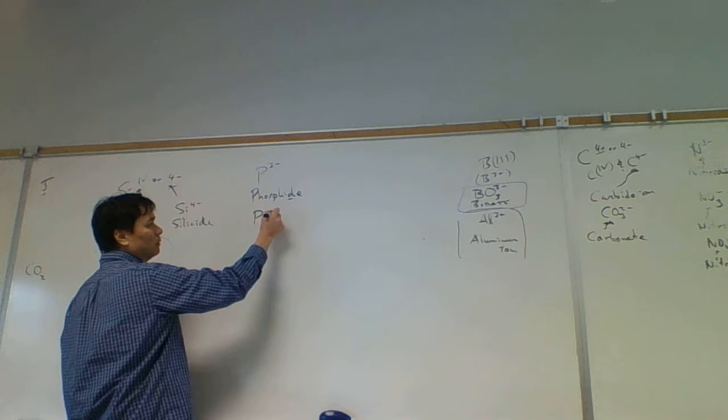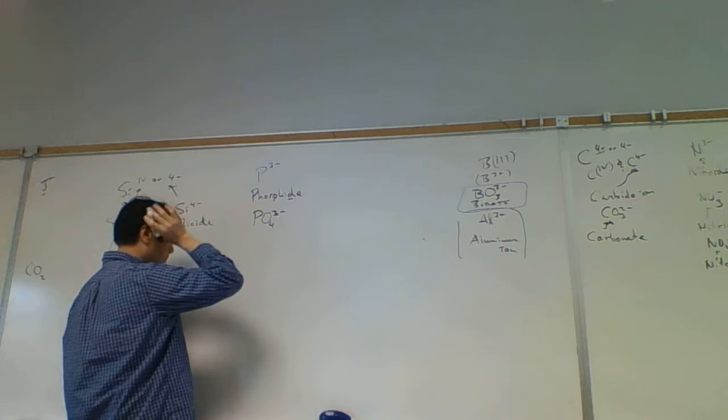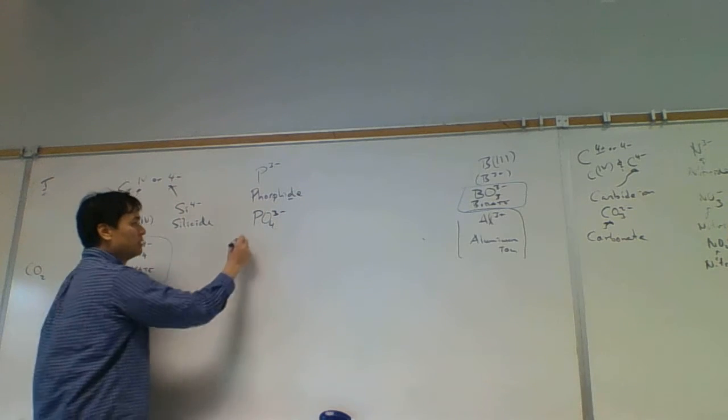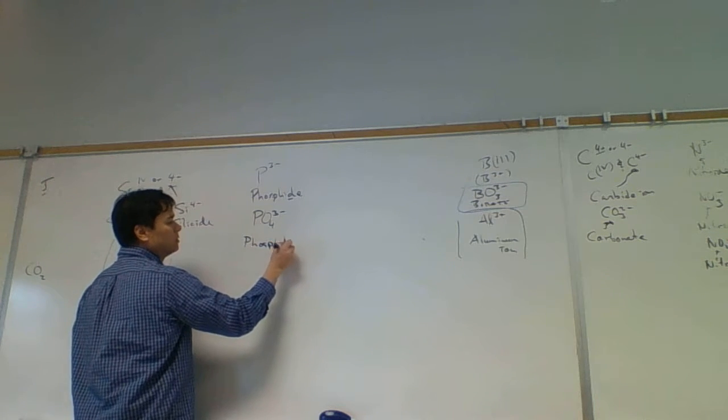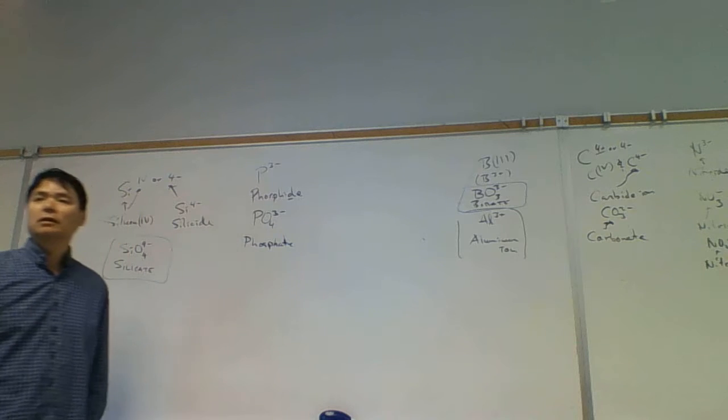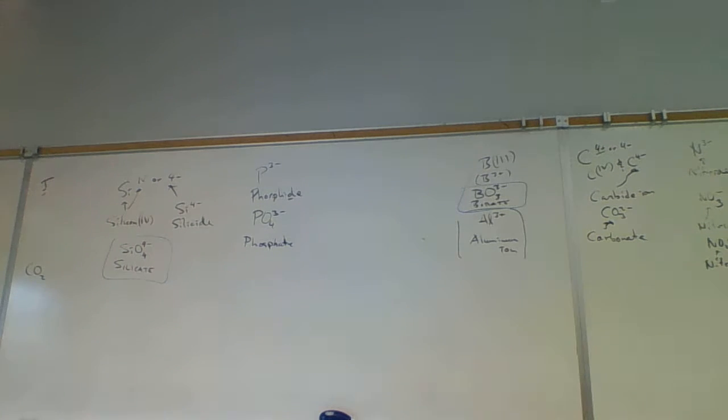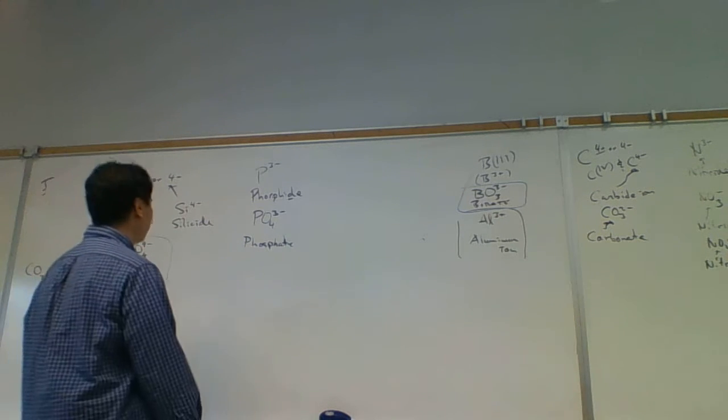PO4, 3 minus or 4 minus? 3 minus. So this is phosphate. What should phosphite be? PO3 with a charge of 3 minus. Phosphite. There's no perphosphate and there's no hypophosphite.